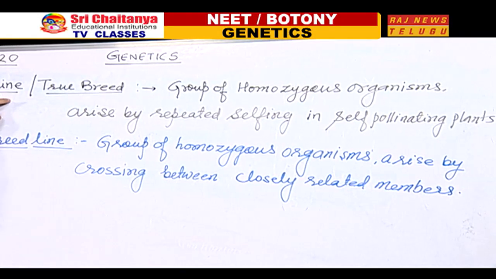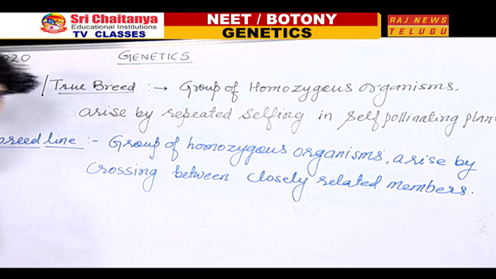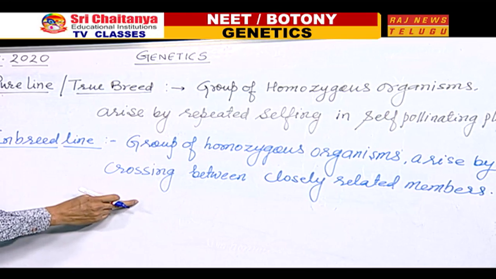Pure line is a group of homozygous organisms, and inbreed line is also a group of homozygous organisms, but pure line arises by selfing and inbreed line arises by crossing.